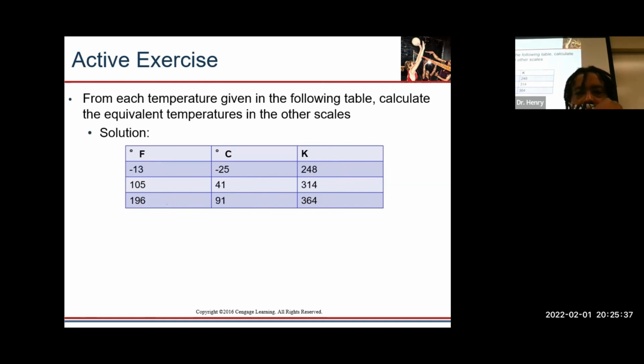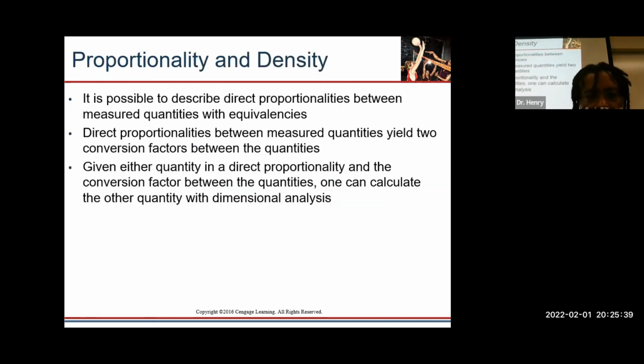Okay, last week we talked about directly proportional. When something is directly proportional, as this goes up, this is going up as well too, right? So we're going to be talking about density. Density is a relationship between volume and mass.